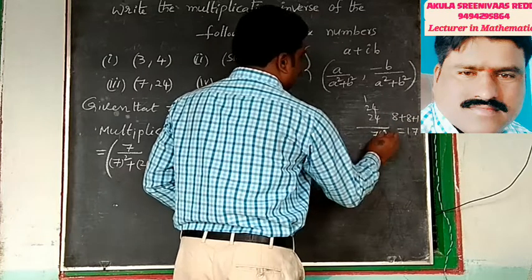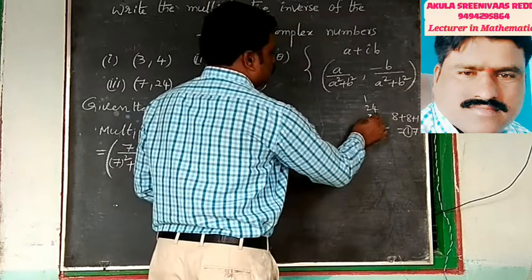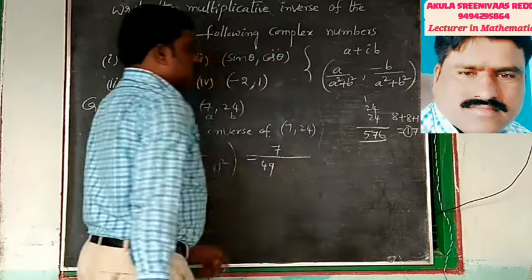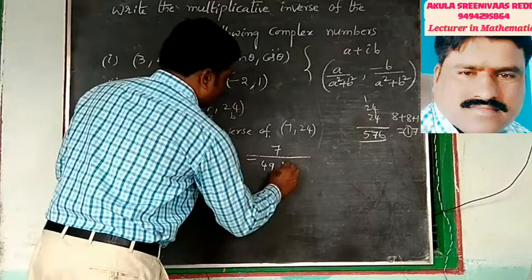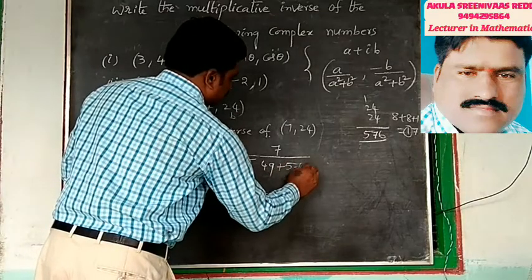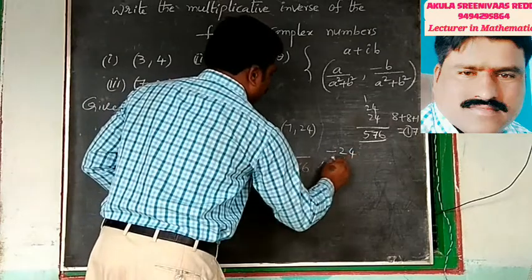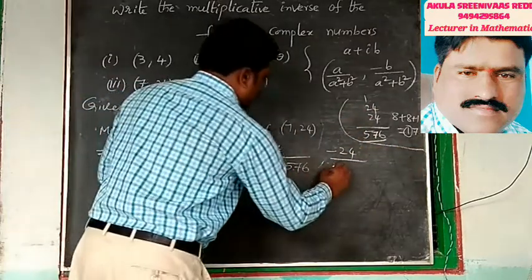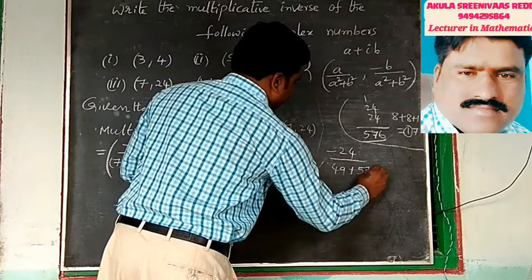We write 7 here, remainder is 1. 2 2 are 4, 2 2 are 4, 4 plus 1, 5. So 24 into 24 is 576. 576, comma, minus 24 by 7 square means 49 plus 576.